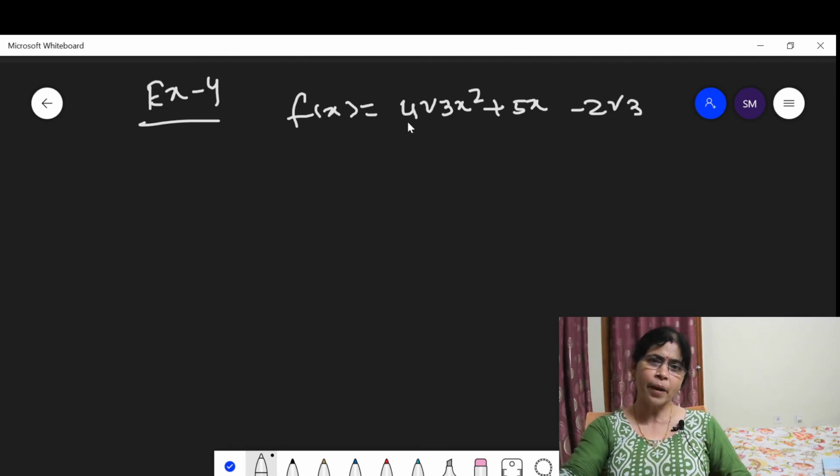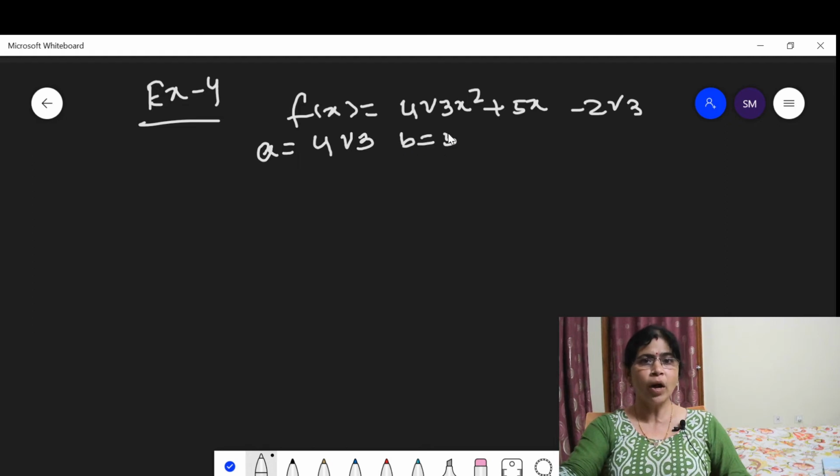The given quadratic polynomial is f(x) equals 4 root 3 x square plus 5x minus 2 root 3. This shows that a is equal to 4 root 3, b is equal to 5, and c is equal to minus 2 root 3.